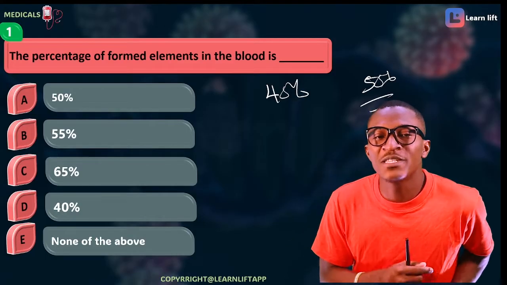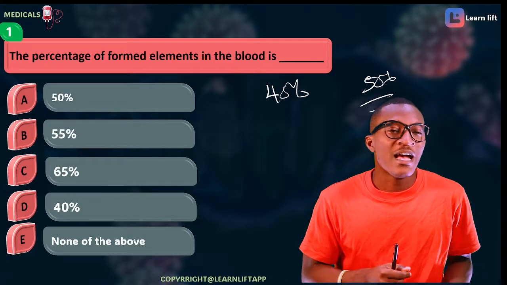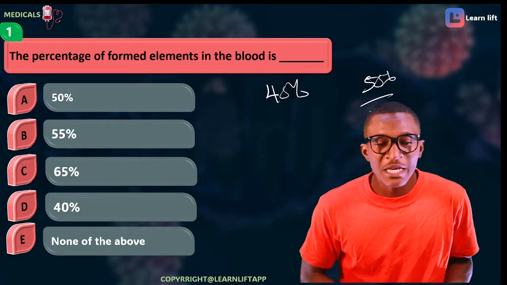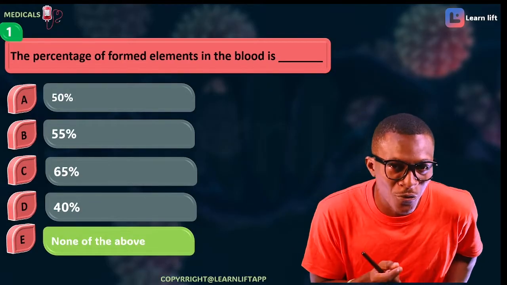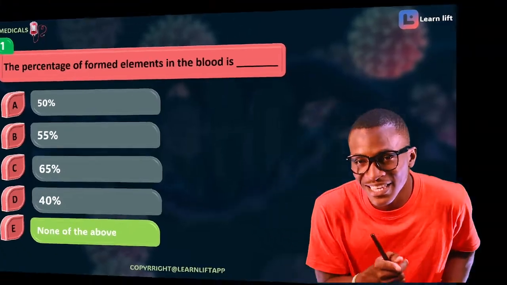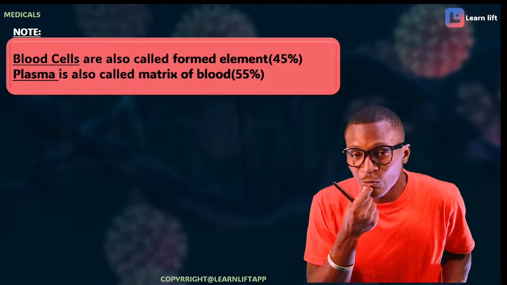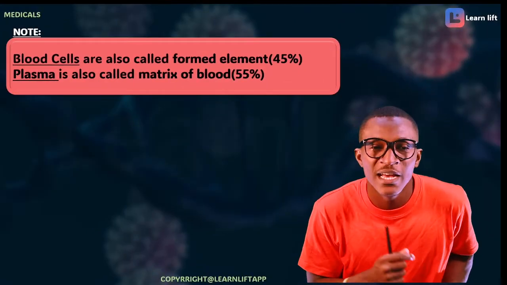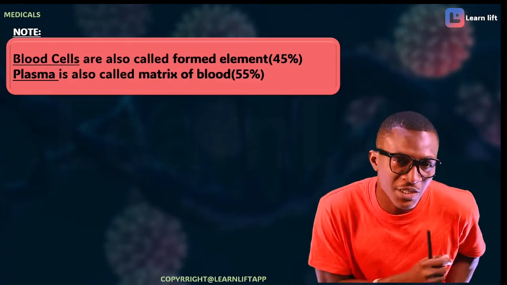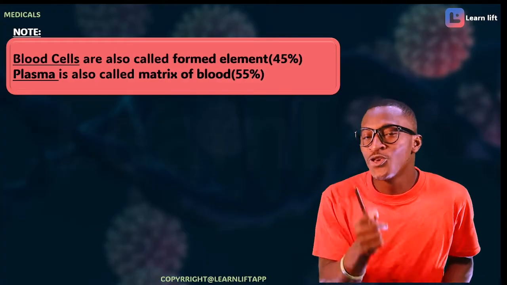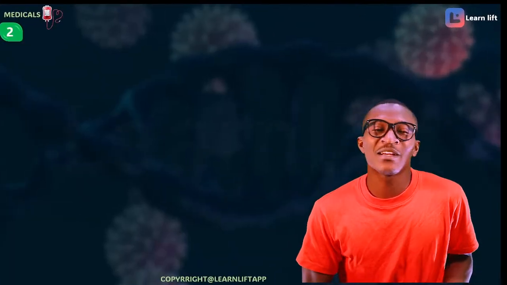So the formed elements are 45%, and none of the options is 45%, making option E, none of the above, the answer. Did you get it? Don't forget that blood cells are also called formed element and they are 45%, and plasma is also called matrix and it is 55%. I hope you got it. Let's take the next question.